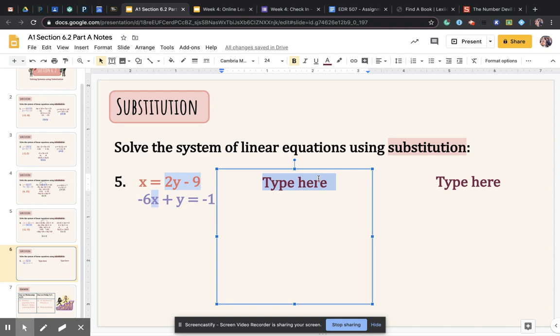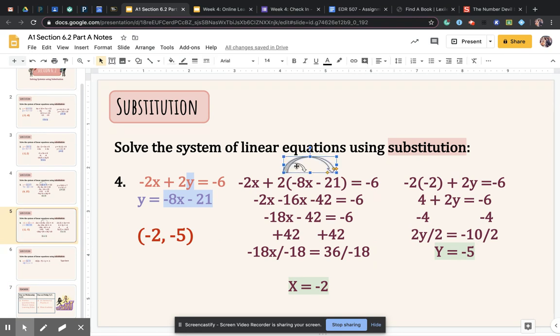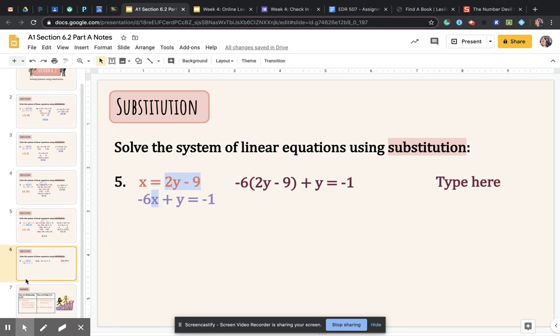So I'm going to solve for y first. I'm going to have negative 6, and then my x value is 2y minus 9, and then everything else comes down, so my plus y is equal to negative 1. And again, pretty much same process with solving, hasn't really changed.